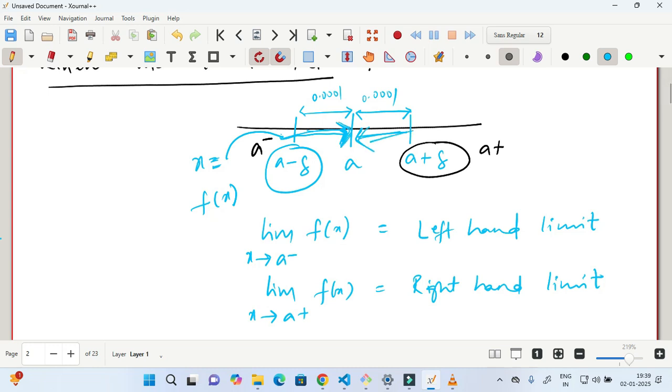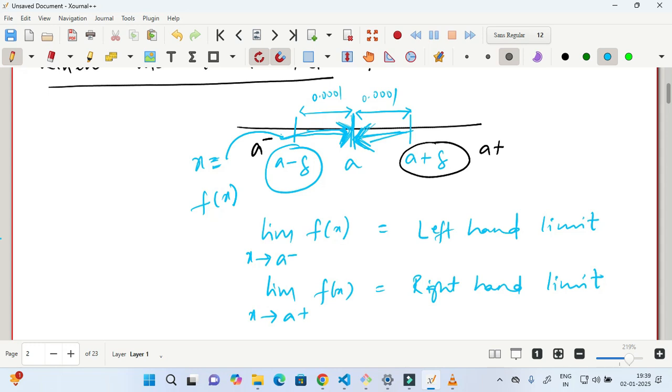If you think about it, these two values should be equal. In that case, we can say that the limiting value exists.